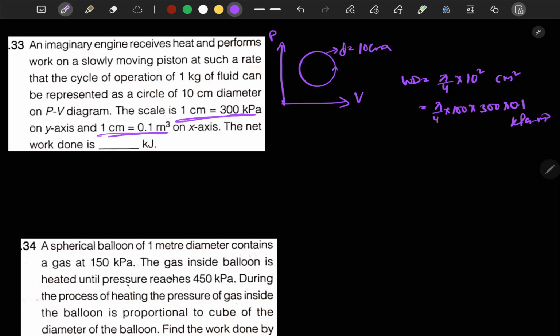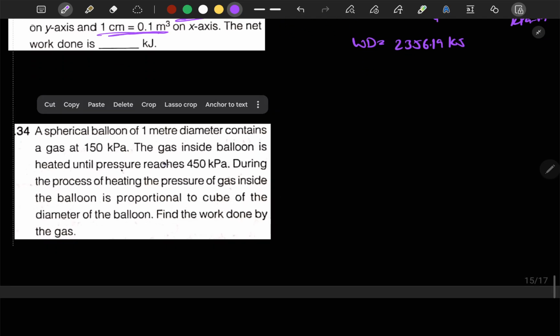Calculating the value, pi divided by 4 into 100 into 300 into 0.1, we get work done equal to 2356.19 kilojoule. We will move to the next question.